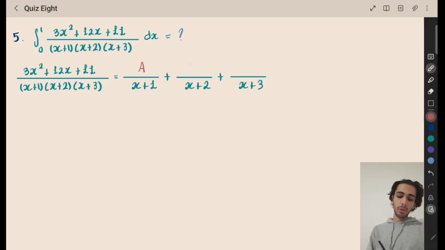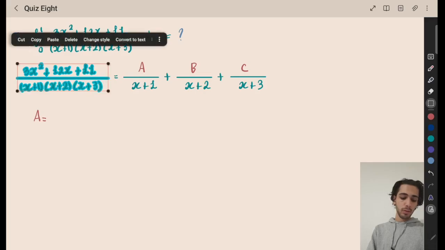And on top you always have 3 constants. And the job of partial fractions is to compute the constants. And they are computed using something called the cover-up method.